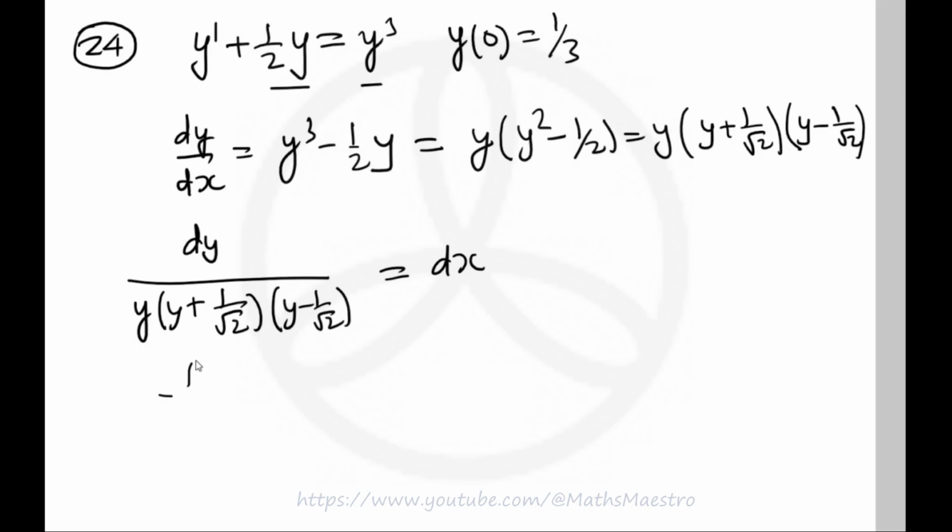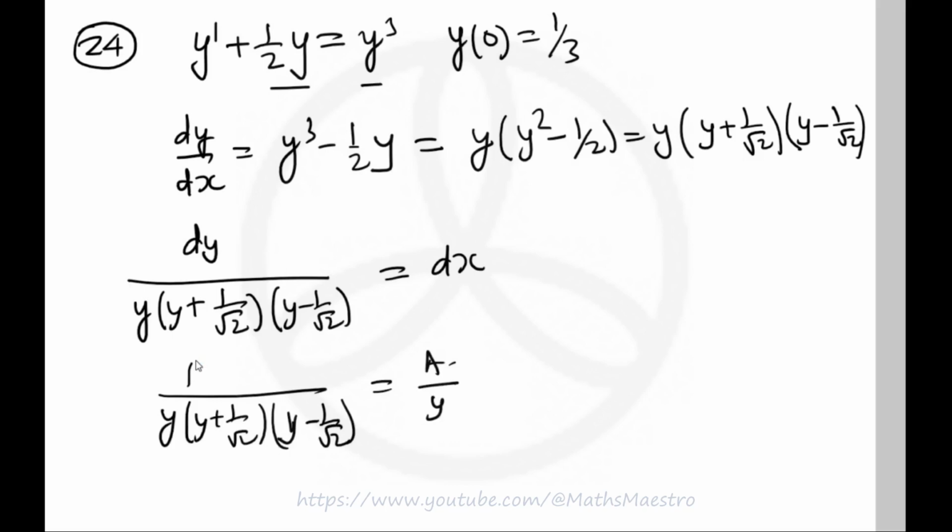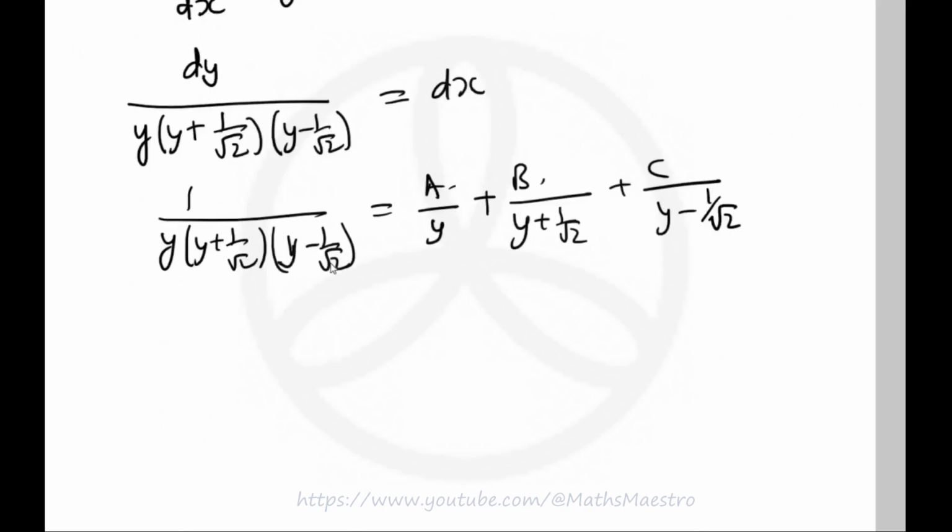If I take 2 divided by y times y plus 1 times y minus 1 is equal to a by y plus b by y plus 1 plus c by y minus 1. I will not spend time on doing this partial fraction decomposition because I have done that in a previous question. I will simply write the answer that we get after doing it.